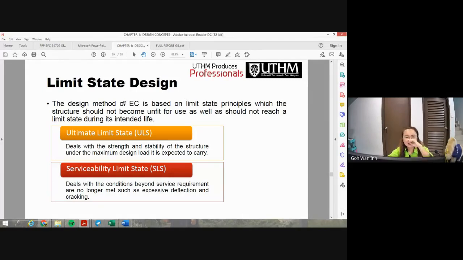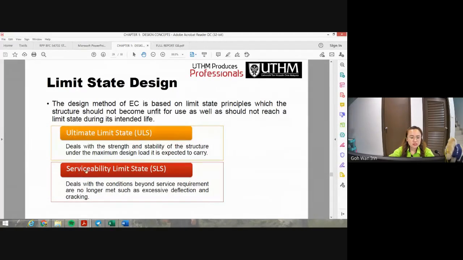Okay, so the design of EC is based on the limit state principle, which is that the structure should not become unfit for use and should not reach a limit state during its intended life. So your design must not reach the serviceability limit state, which is the SLS, and the ultimate limit state.